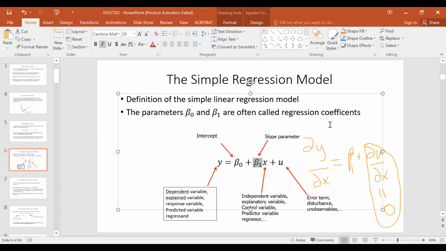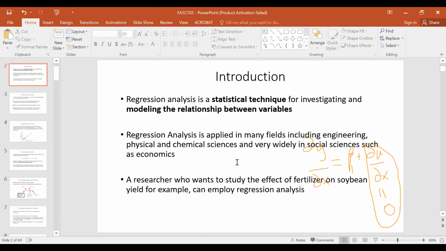When do we say something is linear? If this had been raised to the power 2, or square root, or exponent, or logarithmic, then it wouldn't be linear anymore. So that is what we mean by linear in the parameters. When we say a regression model is linear, we are saying linear in the parameters.